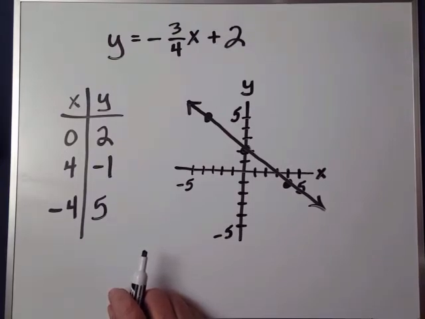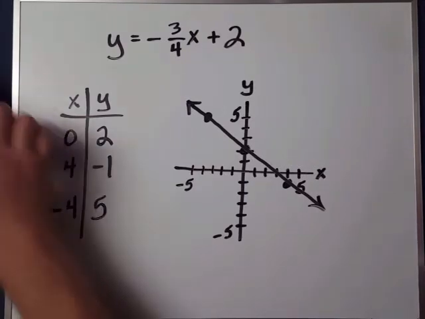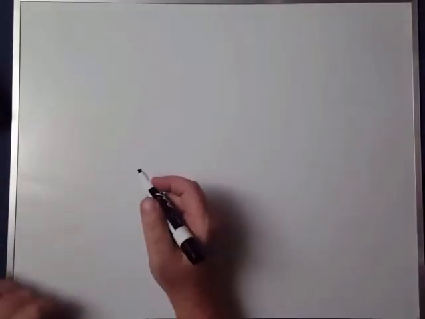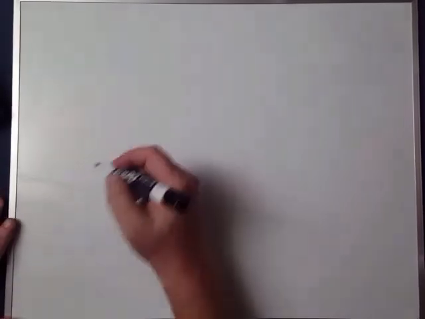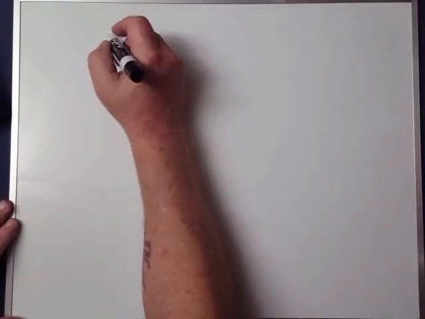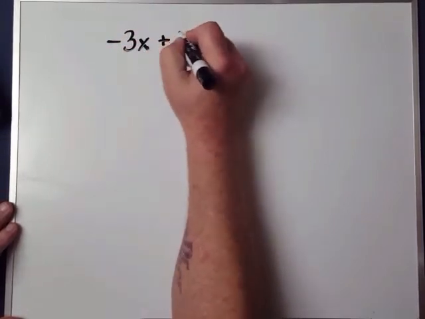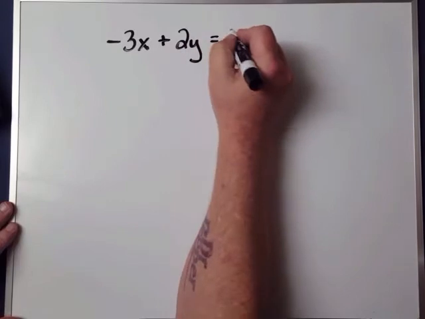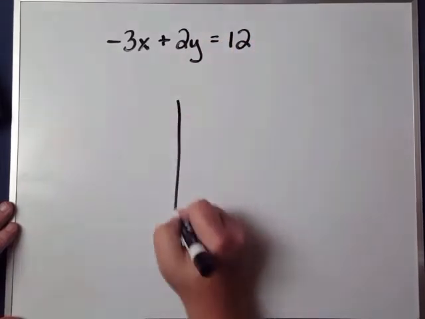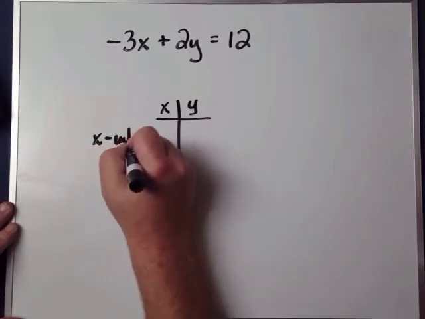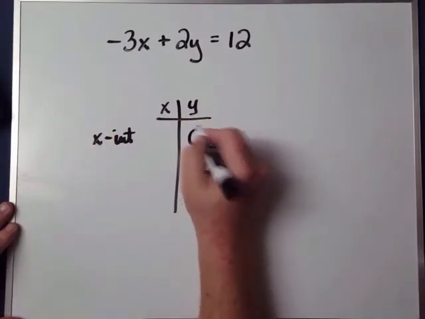Let's look at number 20. The instructions simply say, find the x and y intercepts of each equation. We're not asked to actually graph the equation. We simply want to know what are the intercepts. Well, we find the x-intercept by letting y equal 0.